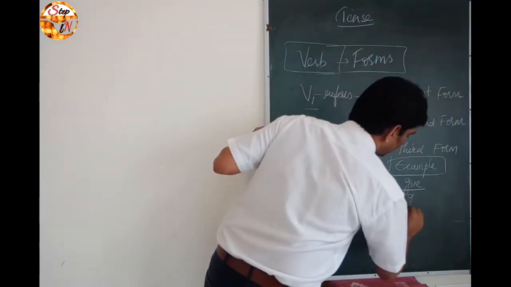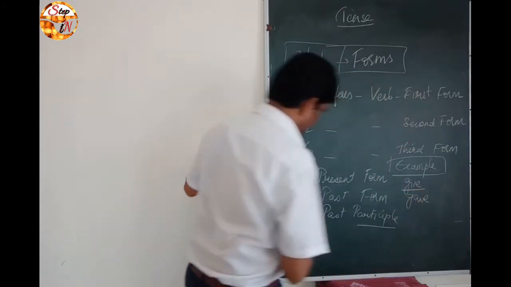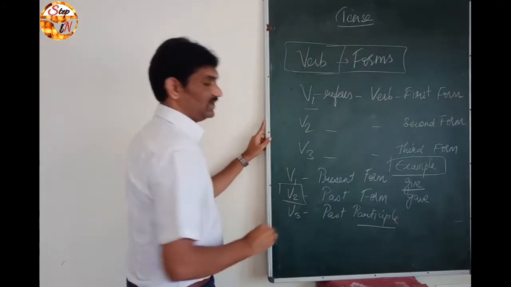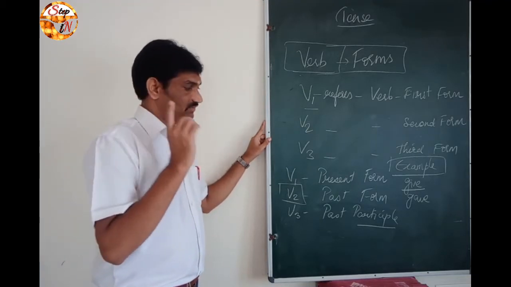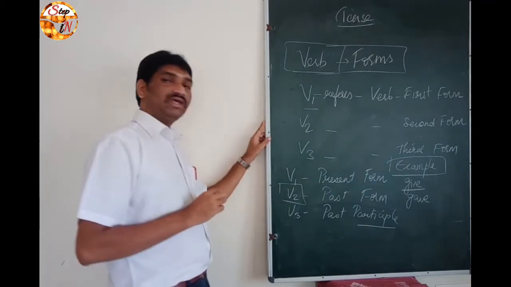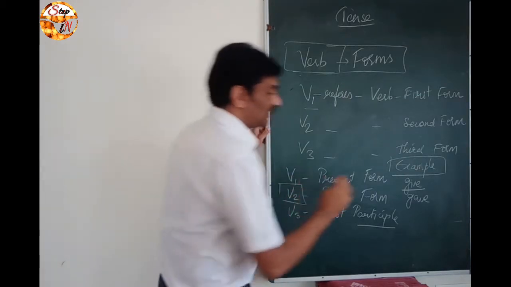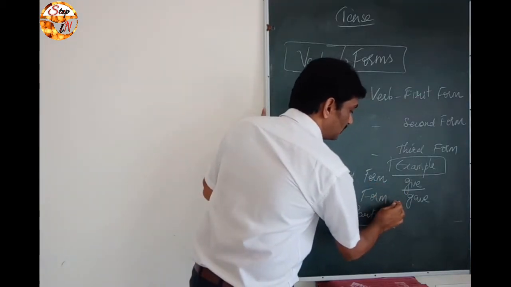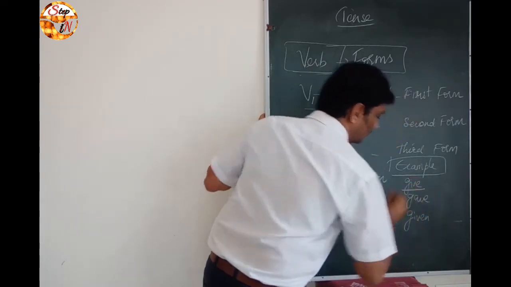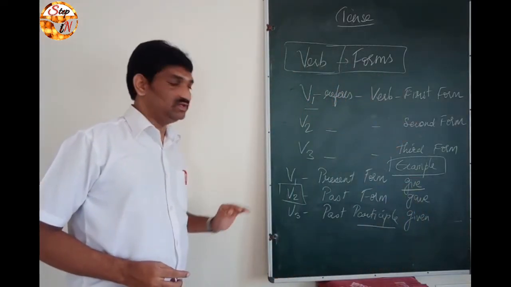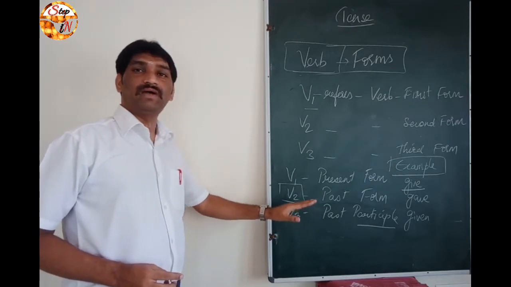Yes, we have gave. So that is called verb 2. Gave is verb 2 of the word give. And again we have V3, that is past participle. Give, gave, and given. So that is the third form of the verb, that is past participle.